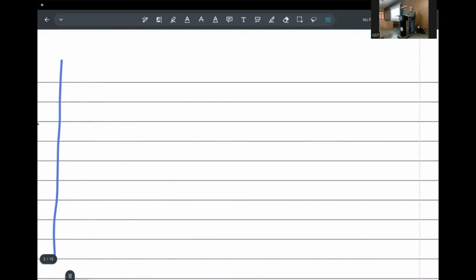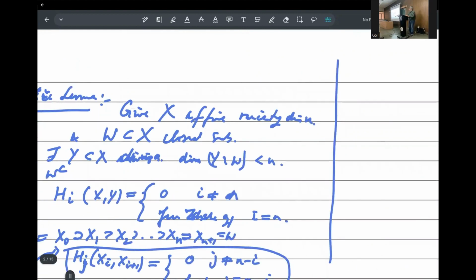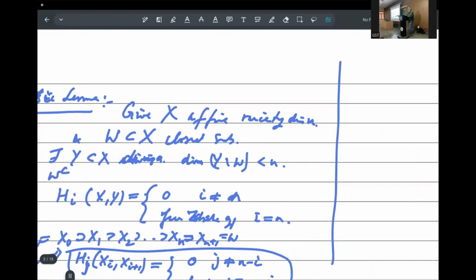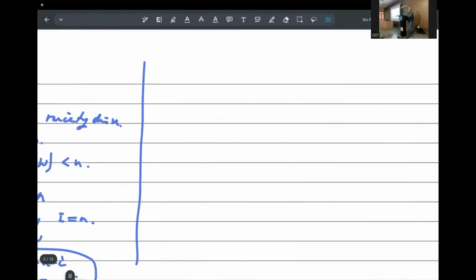So in some sense, you can see this as a way of understanding Grothendieck's theorem about the dimension of a projective variety, right? So what do we know?